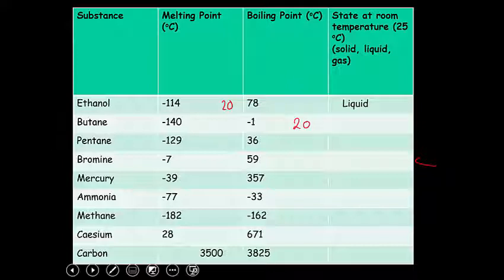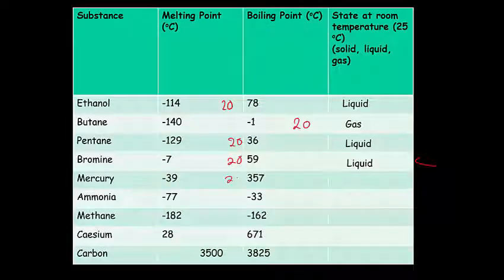It is above the boiling point on butane, which means it must be a gas. It is between melting point and boiling point on pentane, so that one is a liquid. For bromine, again, it's between the melting point and the boiling point, so it's a liquid. Same thing for mercury.